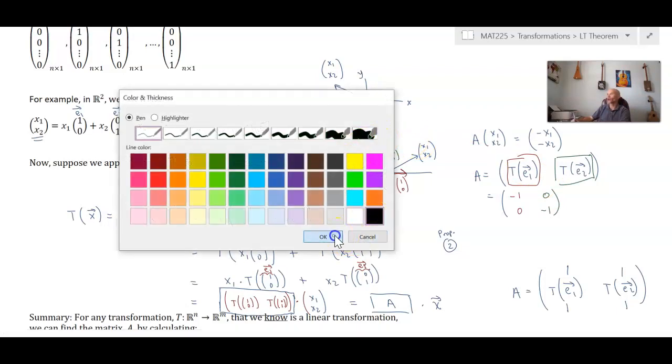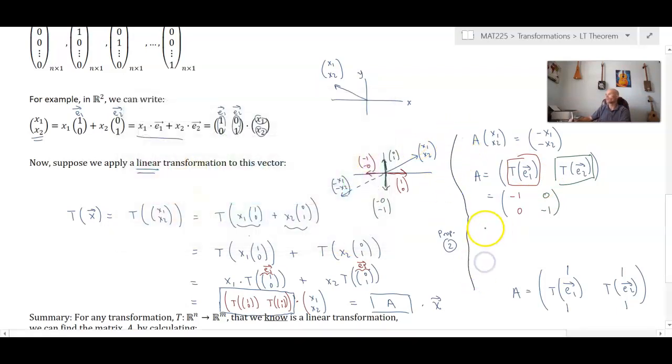So let's check our work here. Let's check to see that this is indeed the matrix that will do that. As an example, let's pick the vector, say, 2, 3 as my input. We'll say x is the vector 2, 3. Now if I take this A matrix that I just built, and I multiply it by the 2, 3 vector, I will get 2 times negative 1, 0 plus 3 times 0, negative 1.